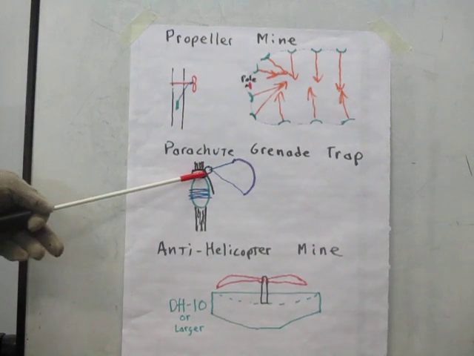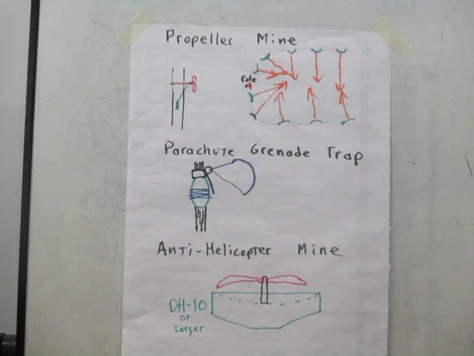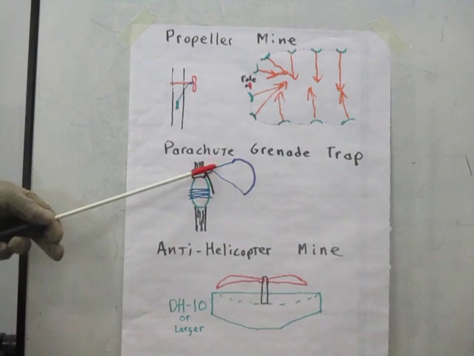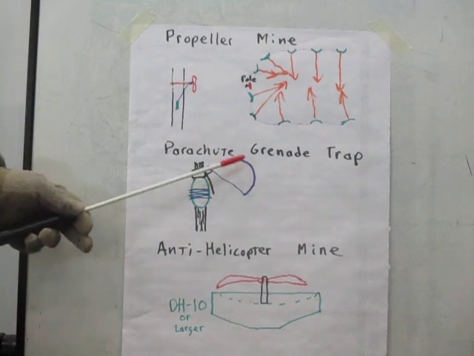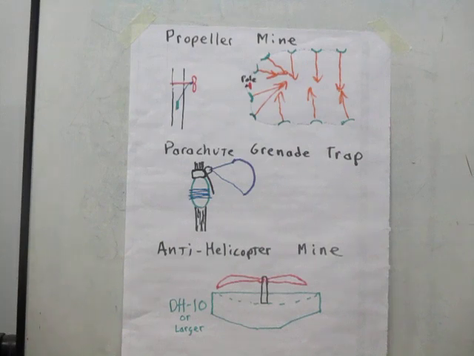You would have the safety pin weakened, and tied to the safety pin you had a parachute that was made out of paper, plastic, or some type of light cloth. Or maybe they were using the parachutes off of our parachute flares that we would use to light our perimeters at night.